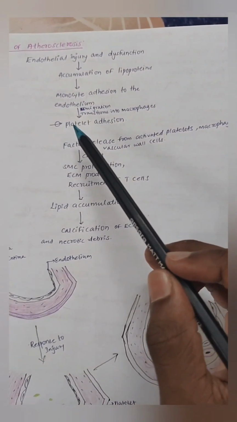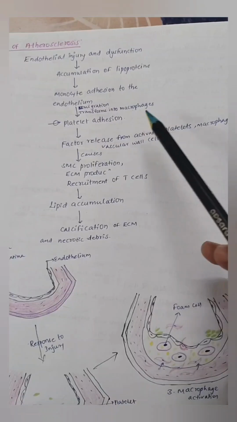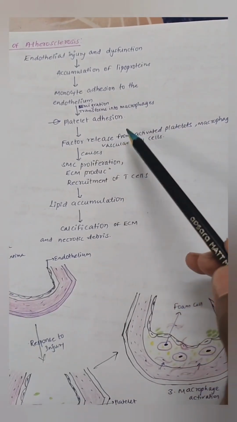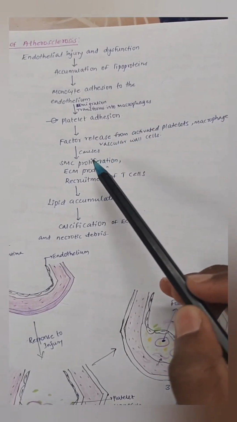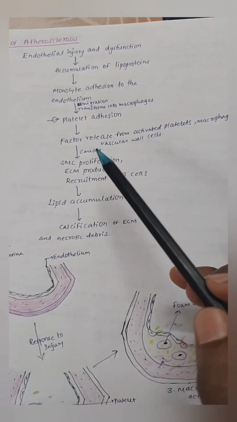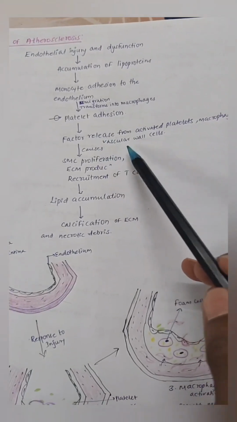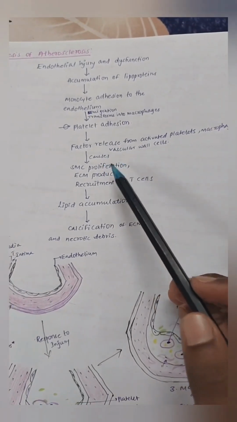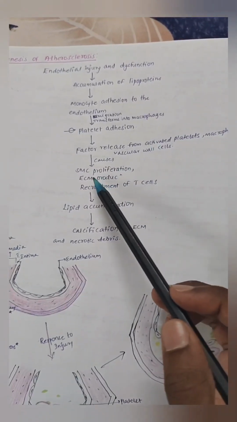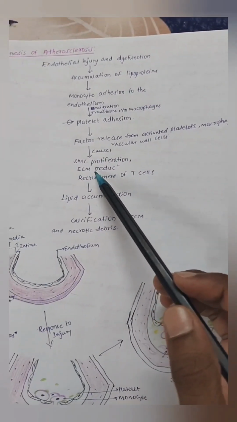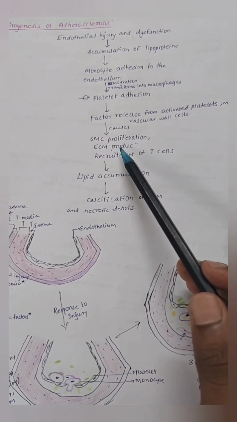Now the platelets which have adhered to endothelium will release some factors which will activate the smooth muscle cell proliferation and their recruitment into tunica media. And smooth muscle cells in the tunica media will form extracellular matrix, stabilizing the plaque.